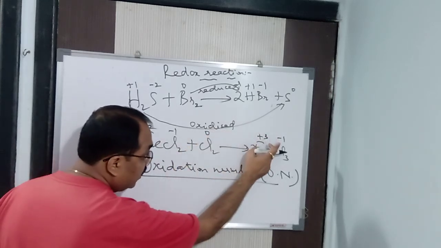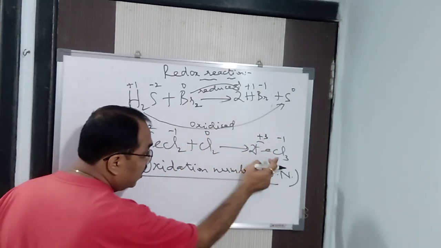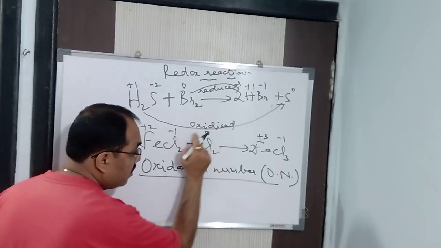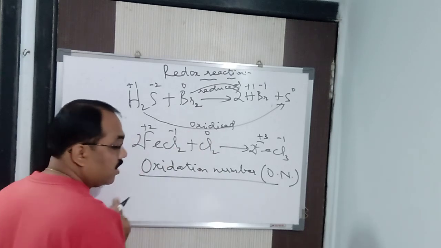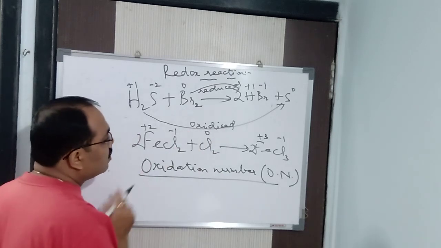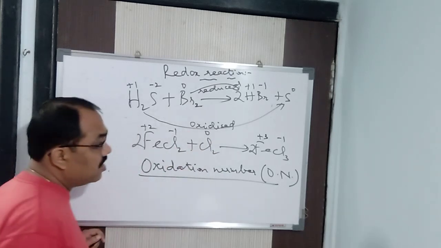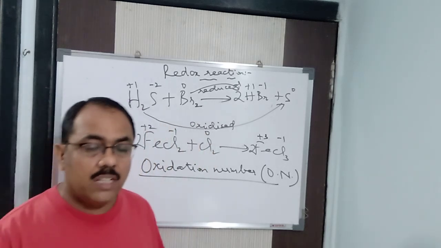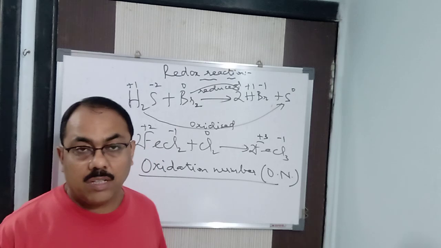So the oxidation number decreases from 0 to -1, and itself it's getting reduced. Hence this is an oxidizing agent or oxidant. Understood? So in oxidation there is an increase in oxidation number, and in reduction there is a decrease in oxidation number.